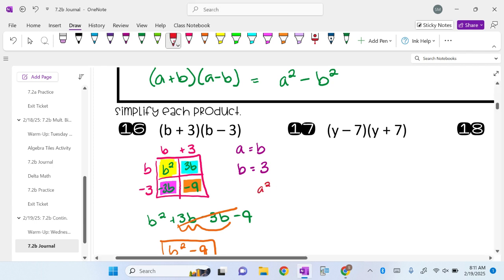So A squared would be, if we do b all squared, just b squared, right? And then what's 3 squared equal to? 9.